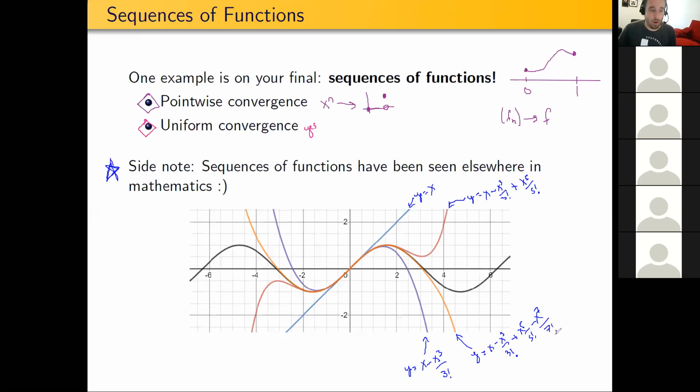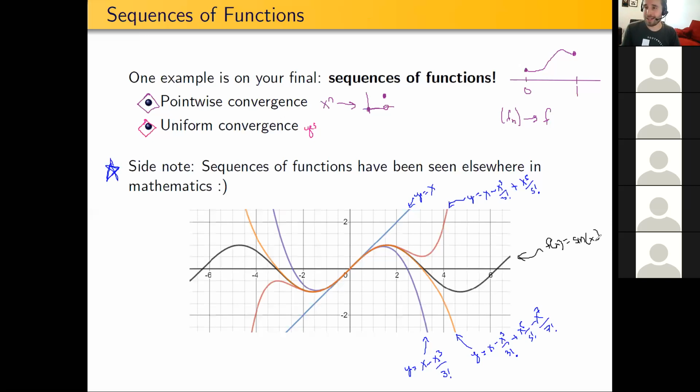These are all Taylor polynomials that are describing the function that's here in black. This is the function, our good old friend, f of x equals sine of x. And each of these are the Taylor polynomial expansions, the 1st, 3rd, 5th, and 7th order, for the sine function.